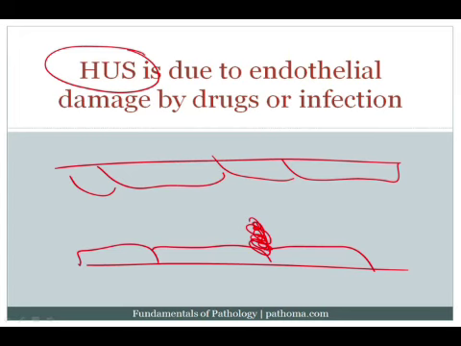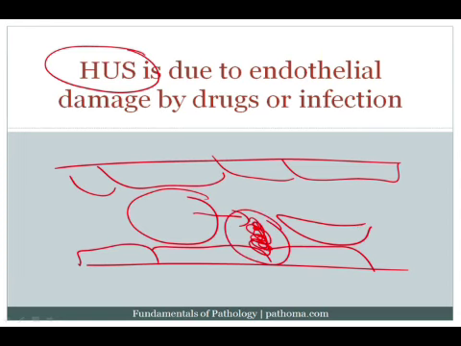Those platelet microthrombi will then result in hemolysis, because the red blood cells will get sheared, producing schistocytes, and a thrombocytopenia, because the platelets are getting used up. All right? And so this is a classic mechanism by which patients get HUS. Again, HUS, the key mechanism is E. coli O157:H7, super high yield.